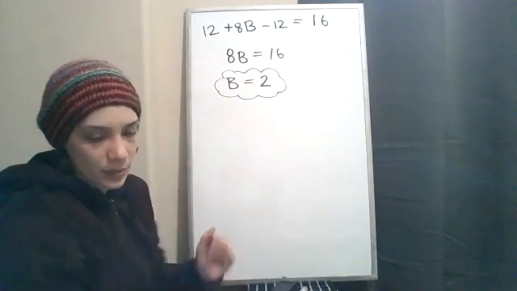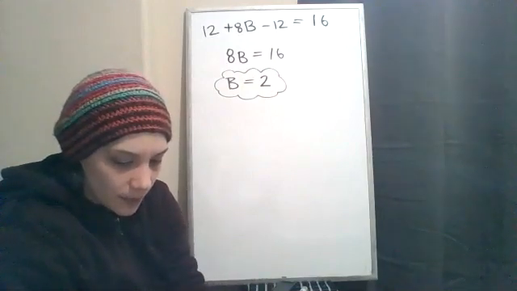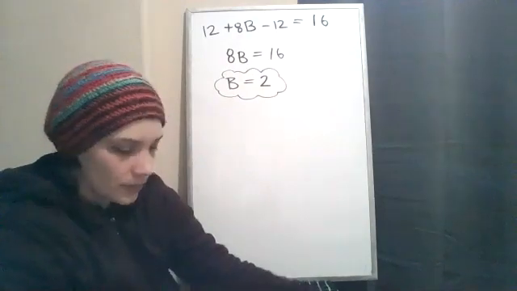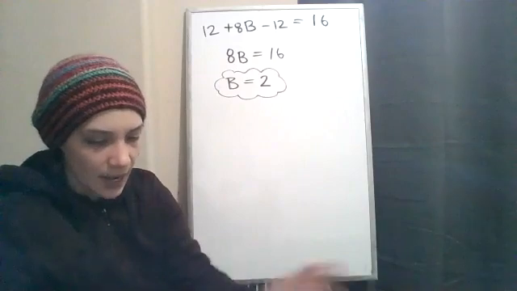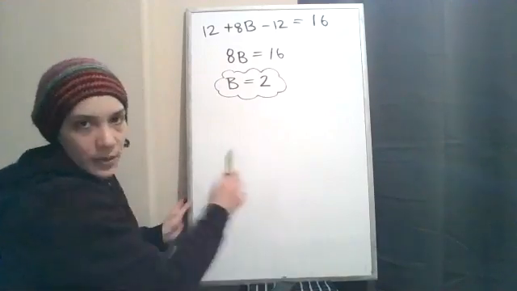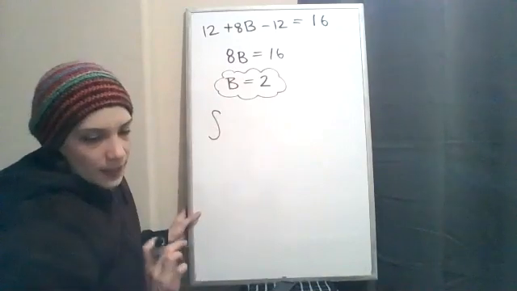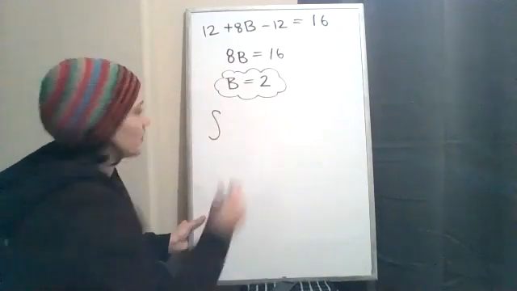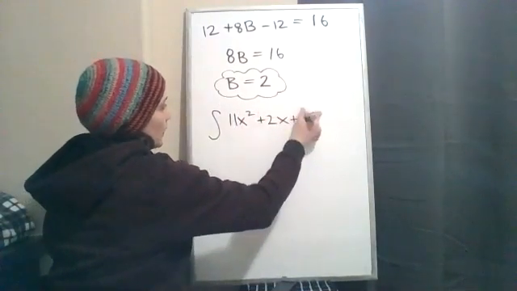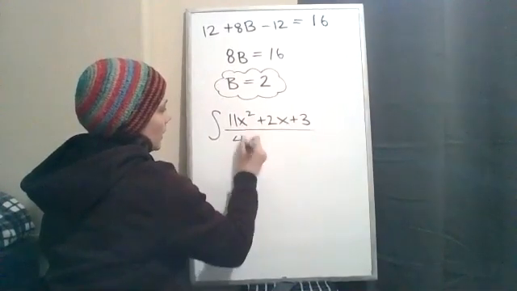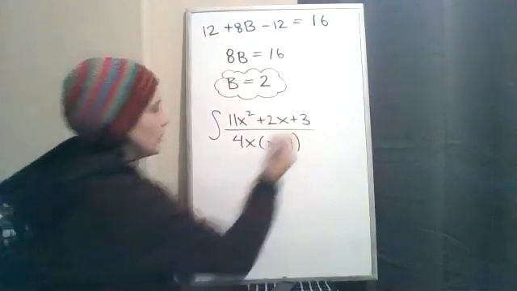We'll plug in all those numerators to them. Let's also write the part where we have the integral included. So we'll go back to the original problem, the integral of 11x squared plus 2x plus 3 over 4x times x plus 1 squared.